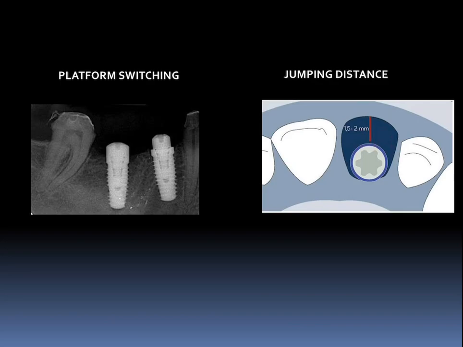But if the space between the implant and the cortical bone or the extraction socket border is more than 1.5 mm, you should go for grafting and if needed PRF. This would lead to more stability of the implant, and this distance is called the jumping distance. If the jumping distance is more than 1.5 mm, you should go for grafting in that extraction socket.